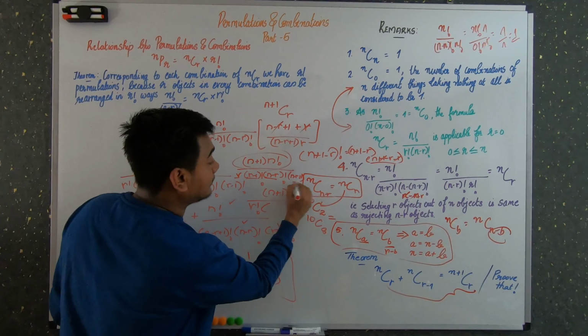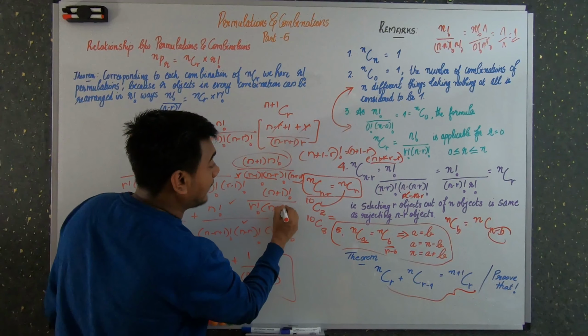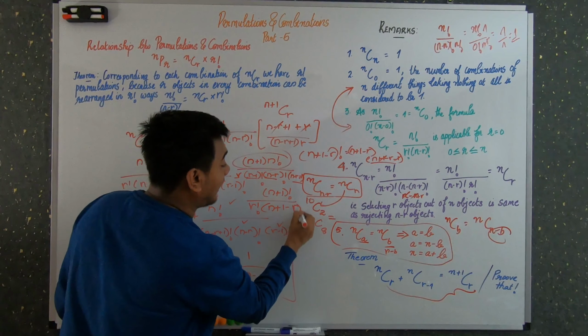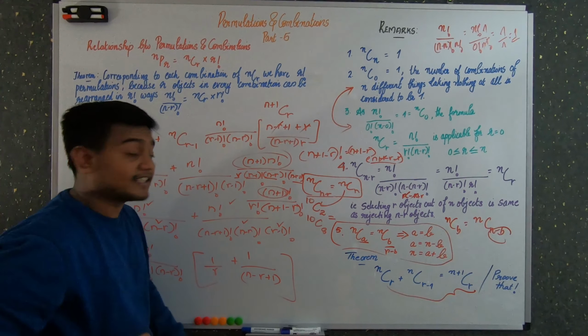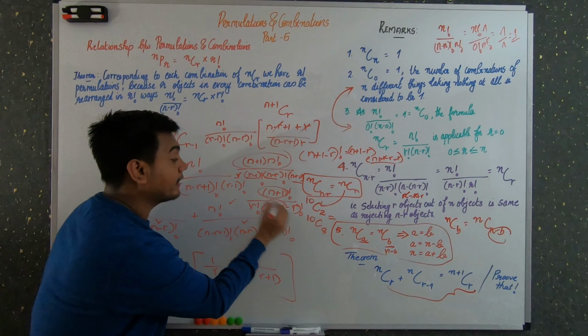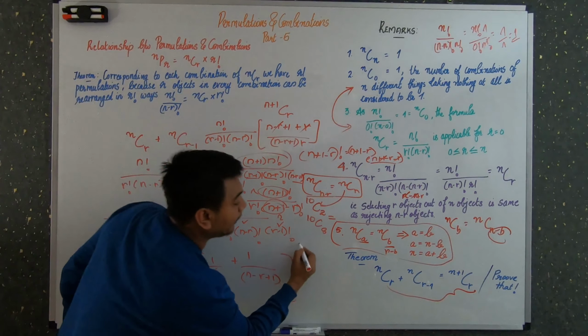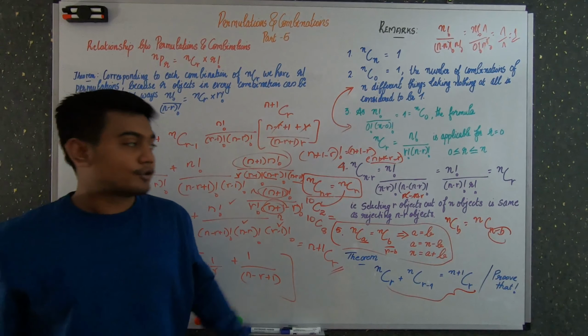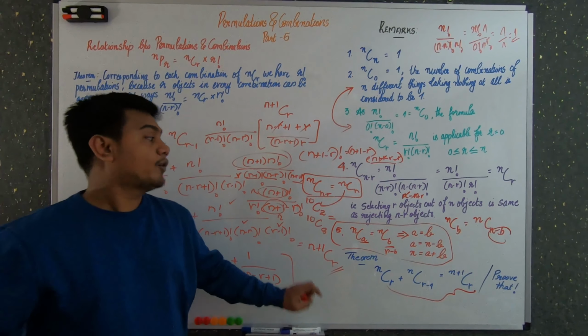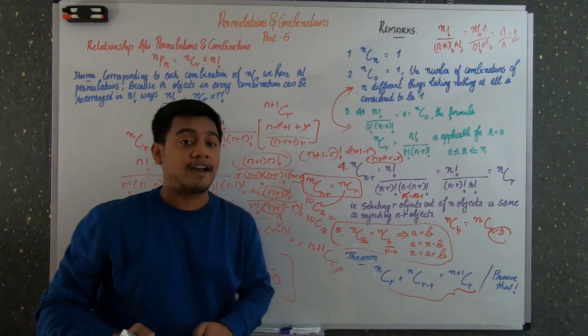So this term and this term together, you can write as (n plus 1 minus r) factorial. So what happens now? All the places with n are replaced by n plus 1. So you get the answer (n plus 1)Cr. So this is the theorem for the fifth, last and final result.